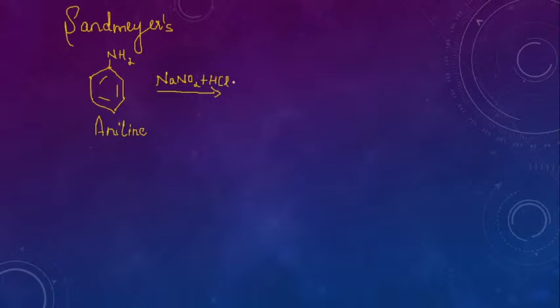Remember the reactant, and once you remember the reactant and the reagents used, easily you can remember the reaction. You should not memorize any reactions by heart, dear students. As soon as you hear Sandmeyer's reaction, recall what reactant I take and what reagents I use, and immediately you can guess the product.